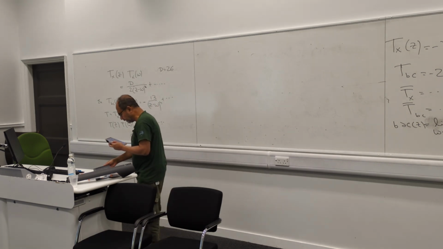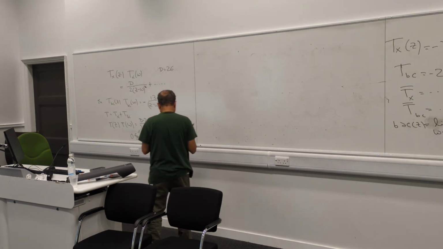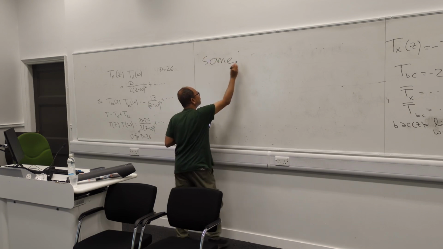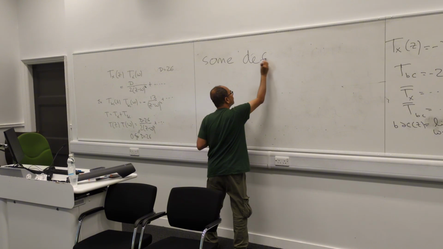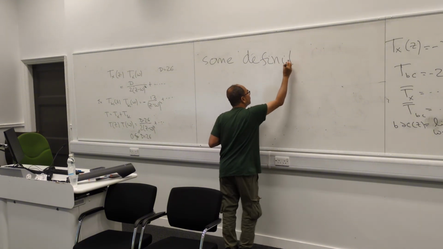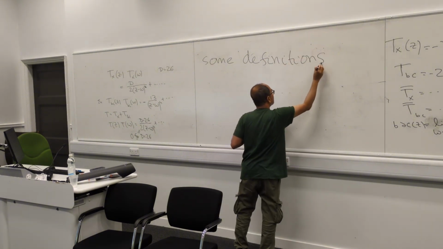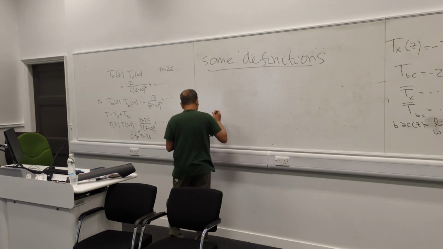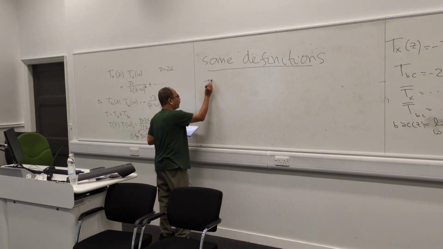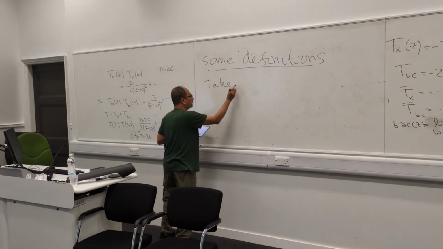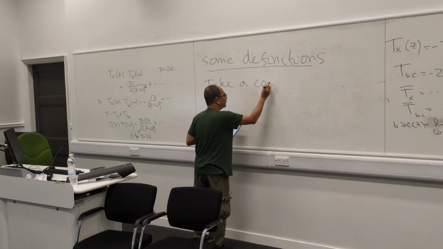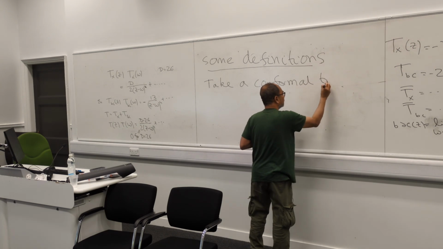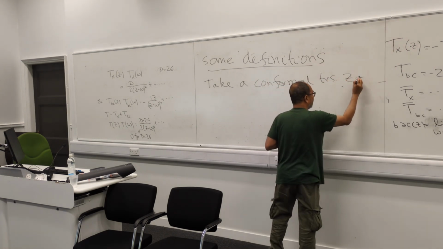Okay, so now some notations and definitions. So take a conformal transformation, z goes to some function of z.